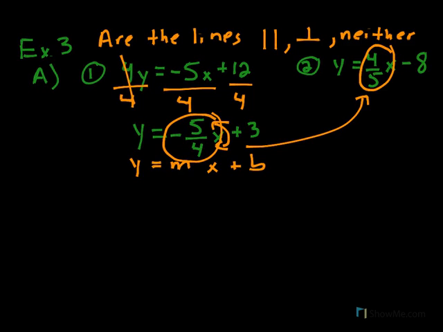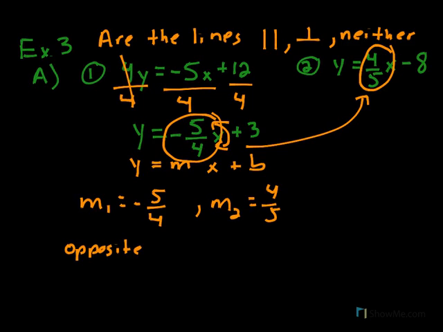So that is the opposite reciprocal. The slope of 1 is negative 5 over 4. The slope of line 2 is positive 4 over 5. Therefore, these are opposite reciprocal. Please write this down.